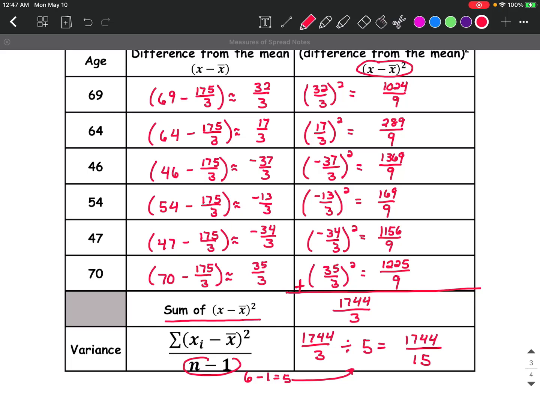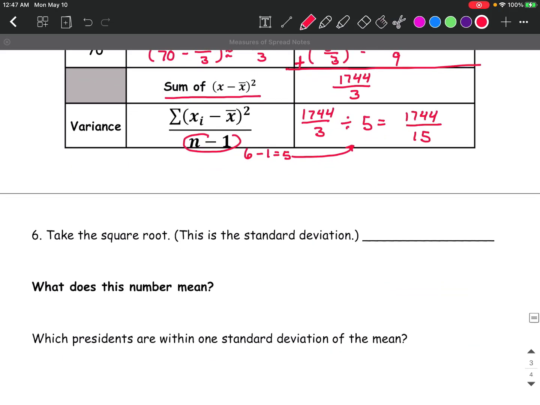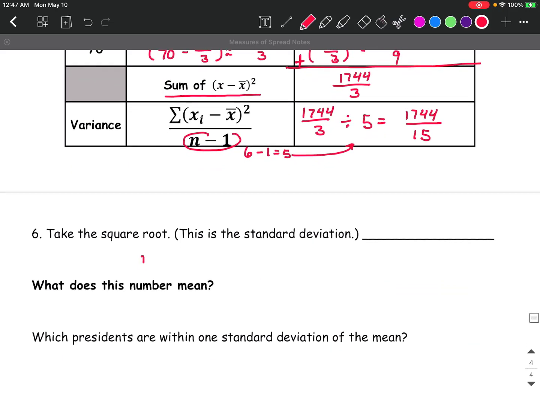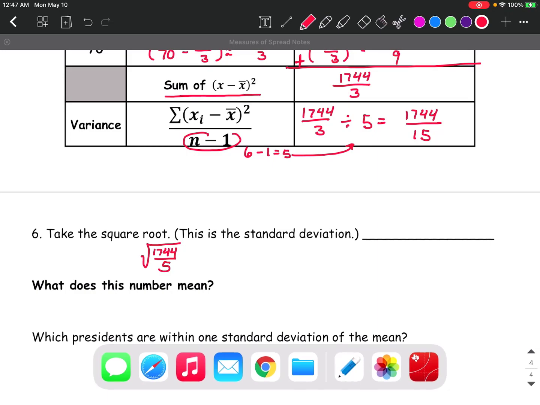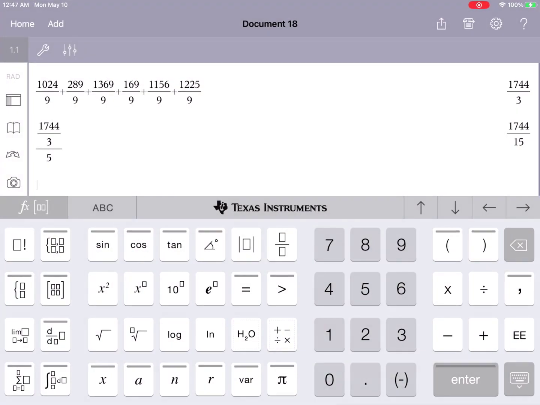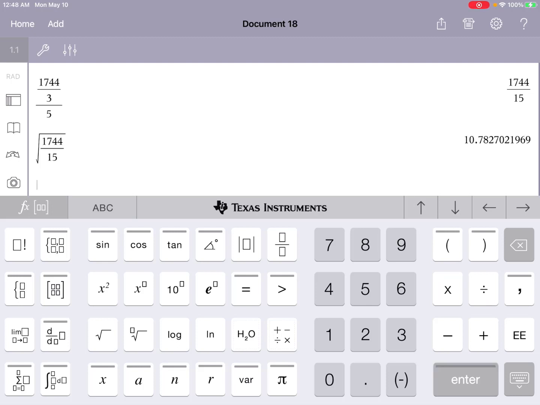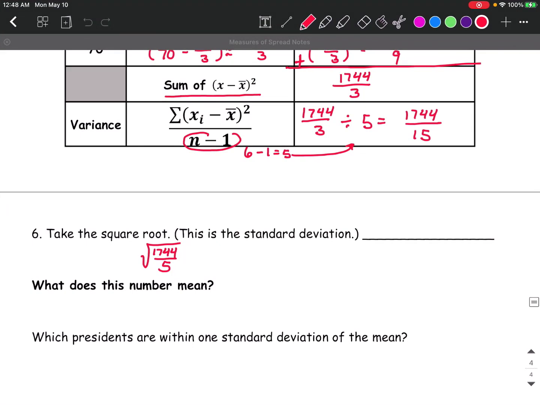We're still not there. We now have to take the square root of this. So we're going to do the square root of 1744 over 15. We're almost there. Okay, so where is my square root of 1744 divided by 15, and I'm going to hit enter. Holy cannolis, and it even gave me the decimal. 10.7827.